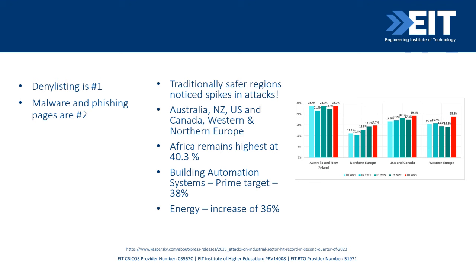And billing automation systems, it's also an industrial IoT system, was the prime target, at 38% of the attacks against it. Energy sector also saw an increase of roughly 36% of attacks. So those are numbers coming out. The red bars here are basically indicating the first half of 2023, which is this year, when the attacks are simply going up.